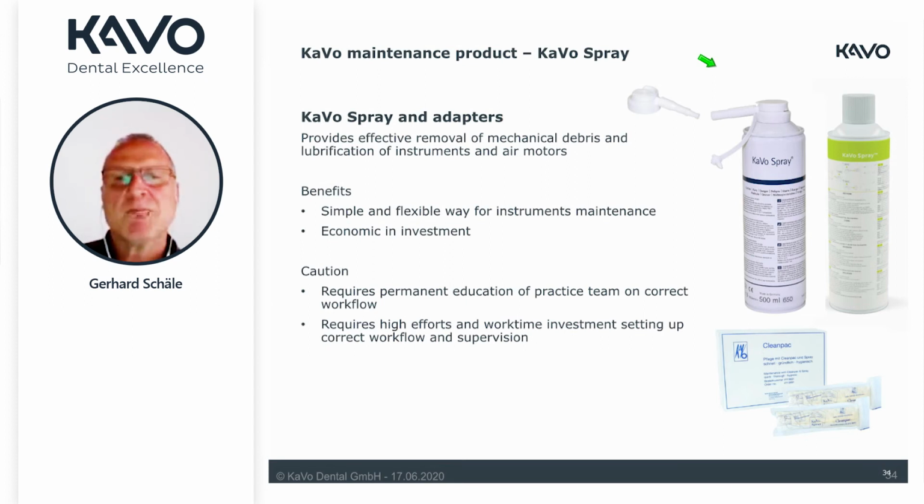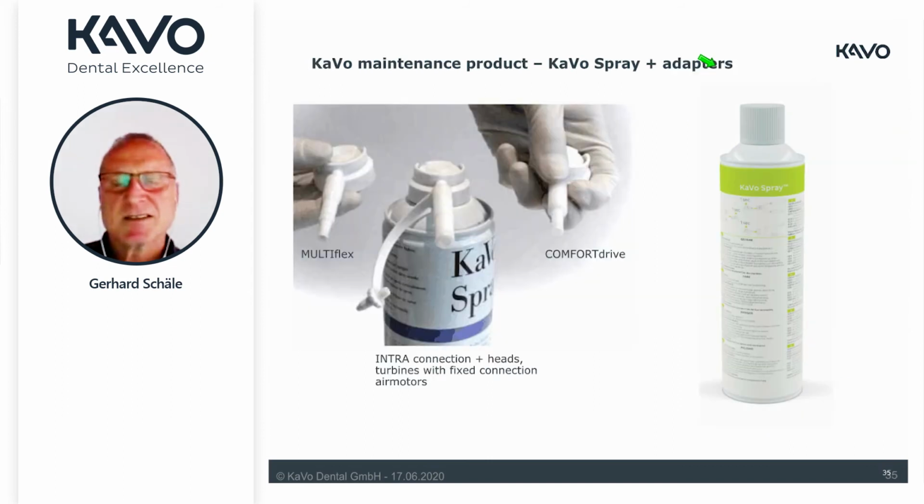Then we have here one important thing, and this is the so-called clean pack. Some of you may know it. I will show more precisely why we use it. So first of all, again, the correct adapters which will fit on the KaVo spray, and it is important for you to know that the color of the bottle from the KaVo spray, which is used manually, is exactly the same as the bottle from the Guatemal spray.